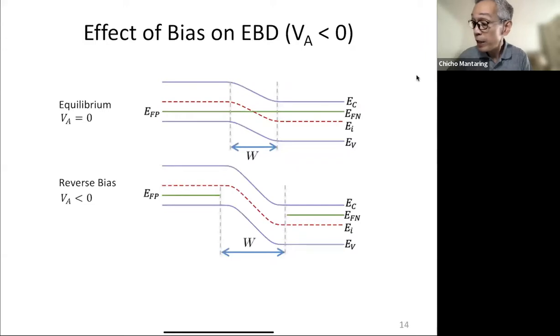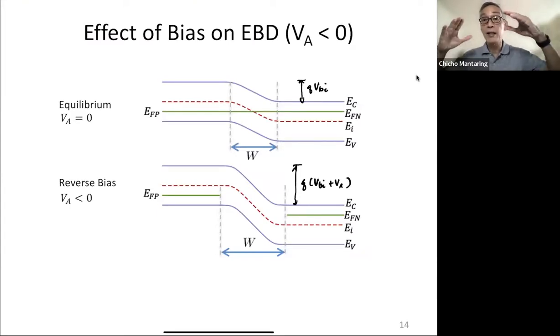If I apply a voltage that is negative, the opposite will happen. Before, this was Q VBI. What happens now is this is going to be Q VBI plus VA, because now I'm making the N side more positive with respect to the P side.